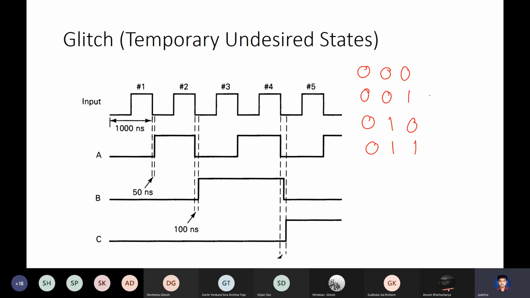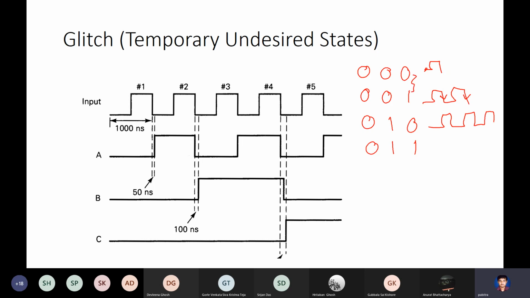If you look at the clock cycles, this is clock cycle 1, this is clock cycle 2, this is the third clock cycle, and so on. It should happen like this, and these changes will happen at the edges of the clock. What may happen temporarily, we'll see how.